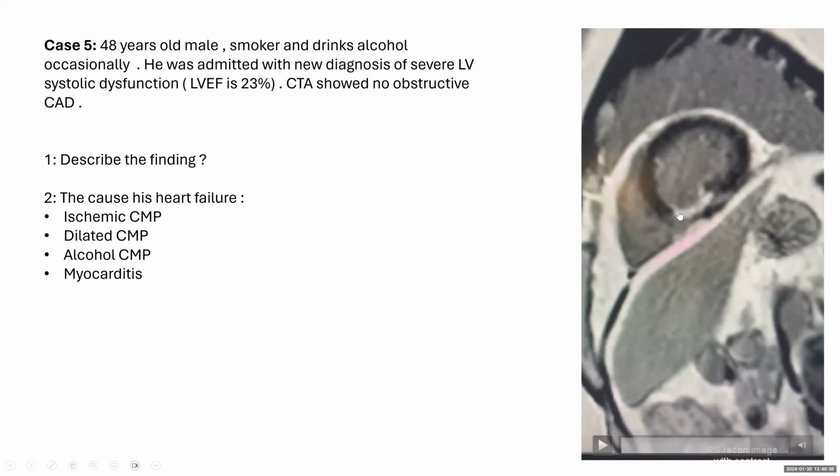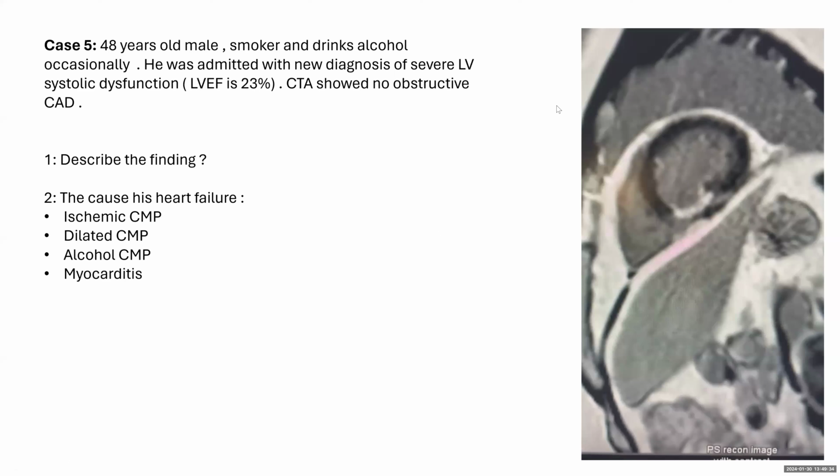So this is likely to be, maybe the septum is a little bit affected, I agree. But most of it is actually in the inferior wall. So this is inferior wall. Yes, inferior wall. This is a subendocardial focal inferior wall.